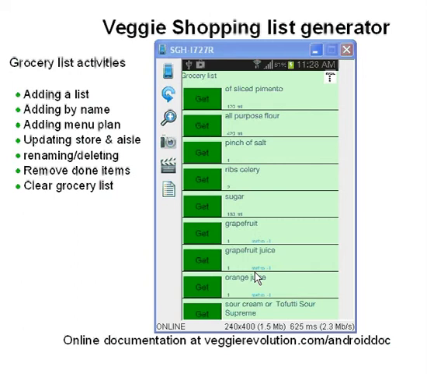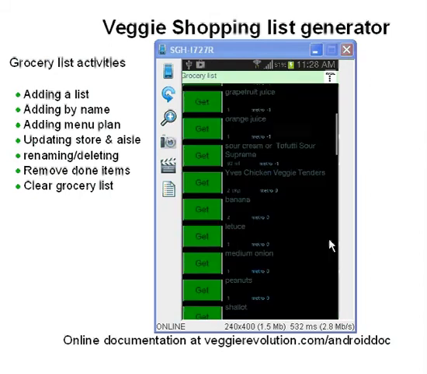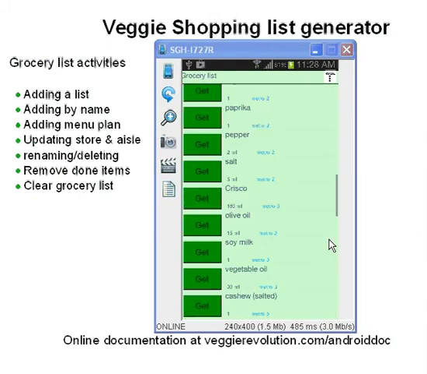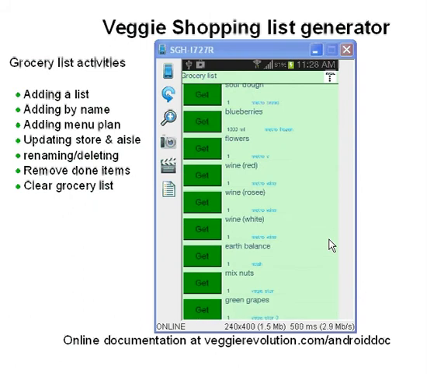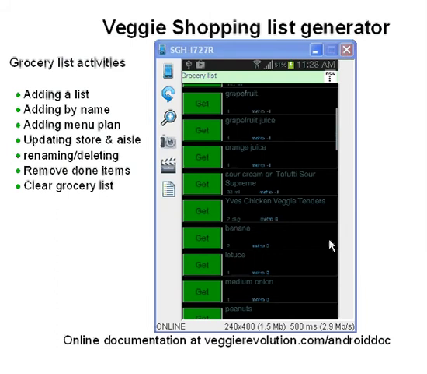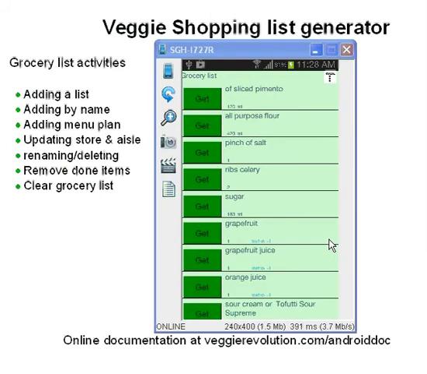So now we have the menu plan, and you notice here that most of my things are in store and aisle number, in store Metro, the vegetable store, Noah's, but I have a couple that I've actually taken them off to demonstrate. So I will go and update the store aisle number.